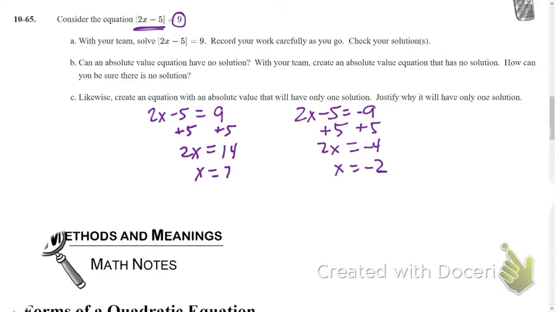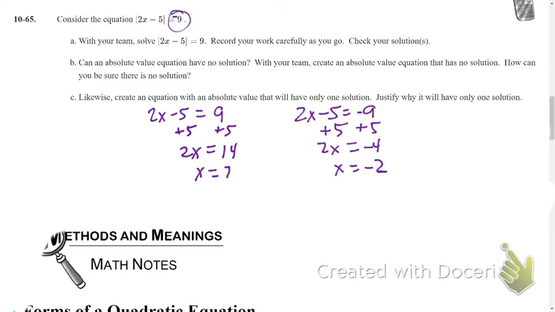Okay, so hopefully you did some thinking about this. Let's go back to the original equation at the very top here. For an absolute value equation, like I just explained, it tells me how many spaces it's going to be away from 0. What's the distance from 0, right? So for us to have no real solution, all we have to do is have this be a negative number, because there is no way you can get a negative distance.